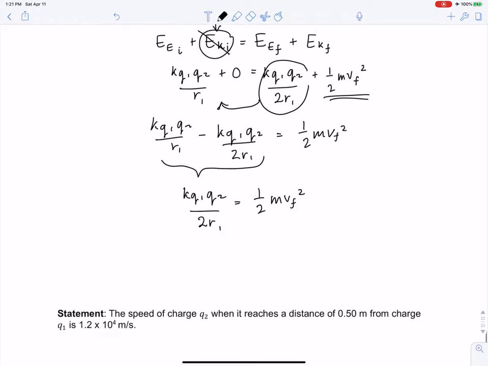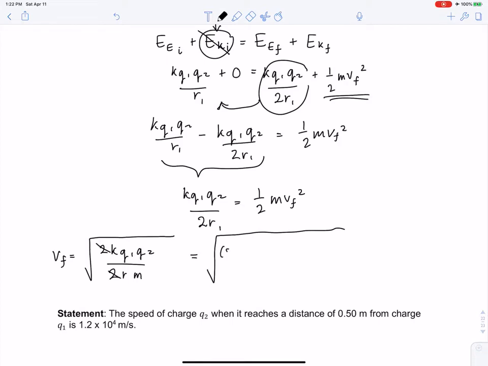Now we can solve for vf. It's equal to the square root of 2k Q1 Q2 over 2r m. The 2's will cancel out, and we can sub and solve. We get 8.99 times 10 to the power of 9.